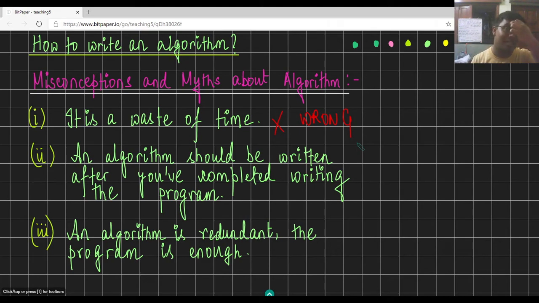So the first thing that you should do whenever you get a program problem is take a pen and a pencil, write down the things, take an example. For example, testing whether a number is prime. Take a number and see how you can determine whether that number is prime using pen and paper.